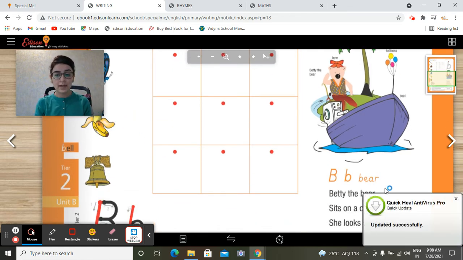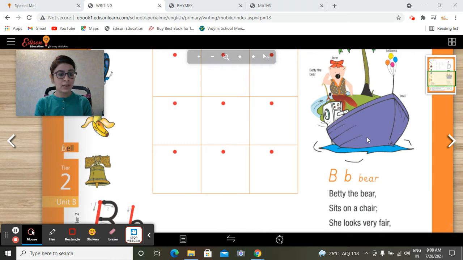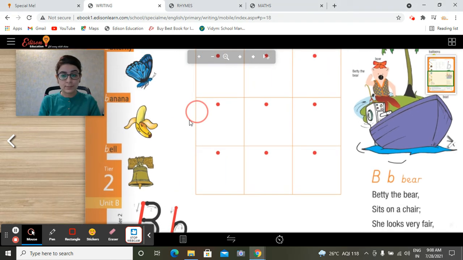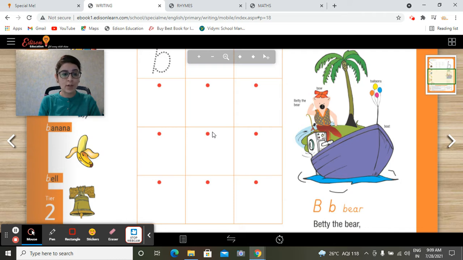I request you parents again and again, whenever a thing comes in your hand or you see it at your place, suppose bananas are there in your kitchen, at that very moment ask your child, what is this? B? So your child will answer banana. When we use our vocabulary in routine life, they will learn better. So I keep on requesting again and again, show them real objects if possible.